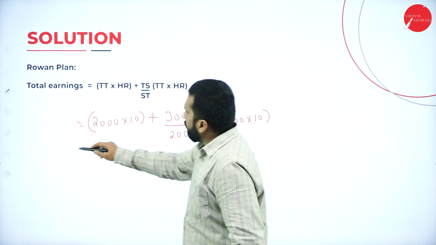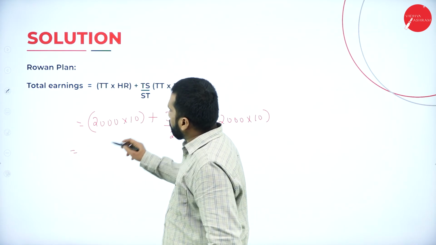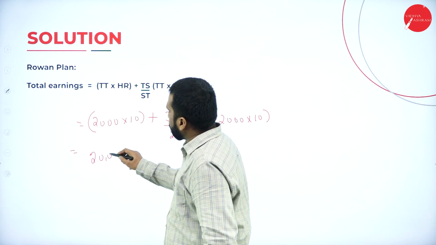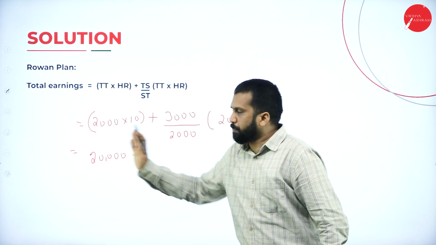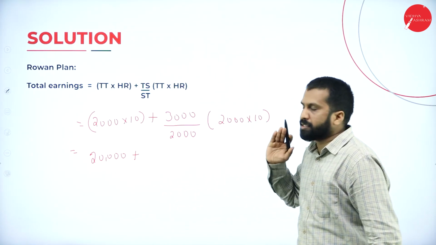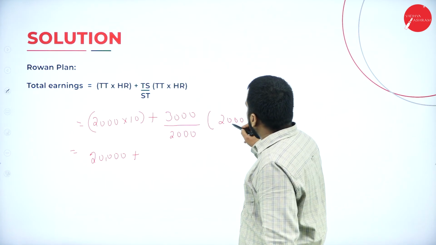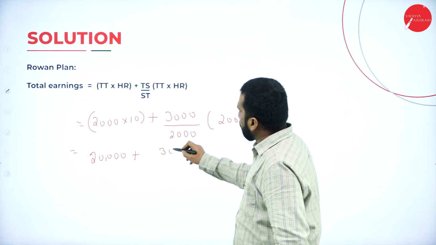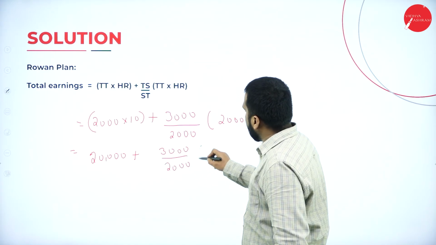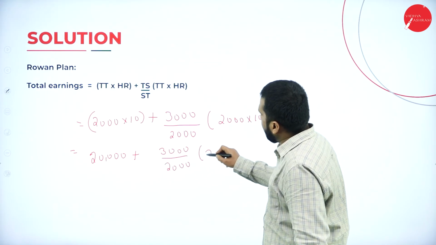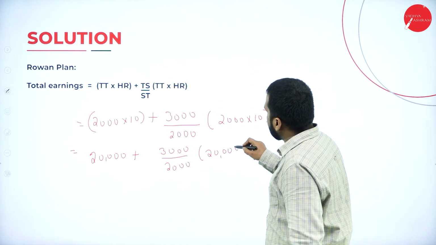Now, 2000 into 10 will become 20,000. Plus, this calculation will be separate. So we'll calculate 3000 divided by 2000, and 2000 into 10 will be 20,000.